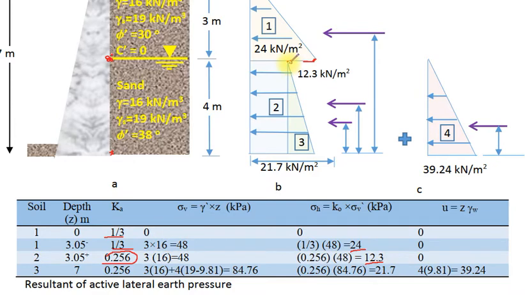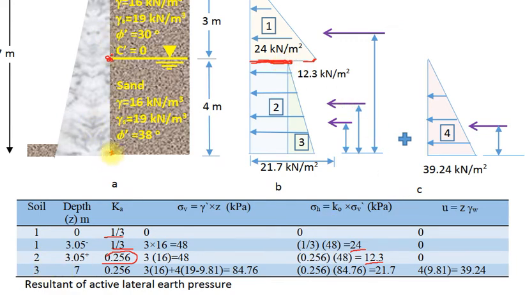When we compute the lateral earth pressure considering the properties of the first layer, it gives 24. When we consider the properties of the second layer, it will be 12.4.